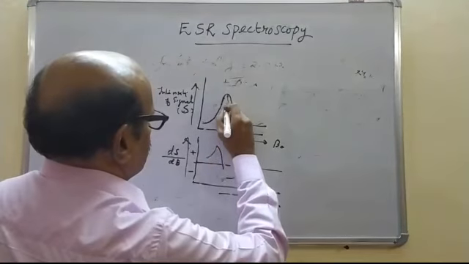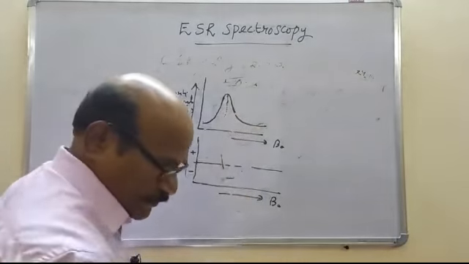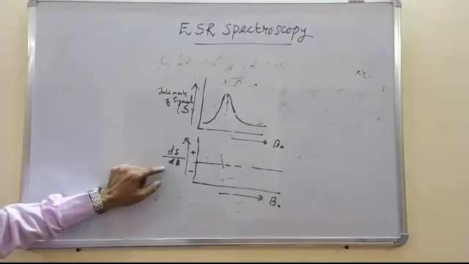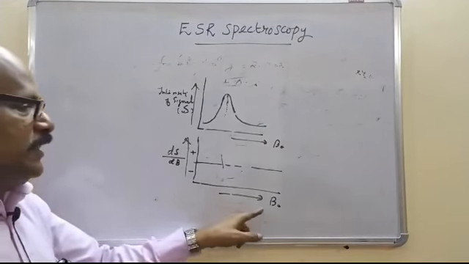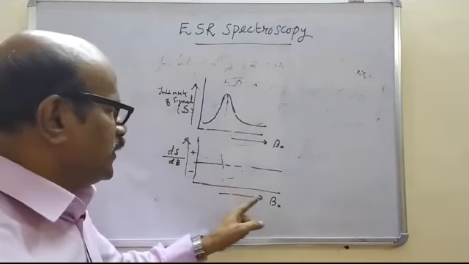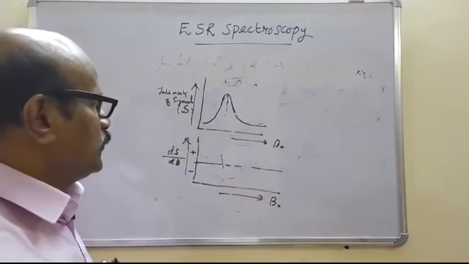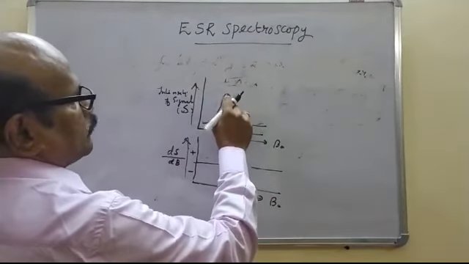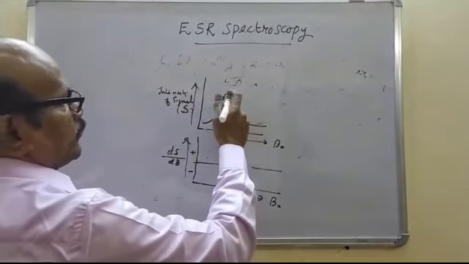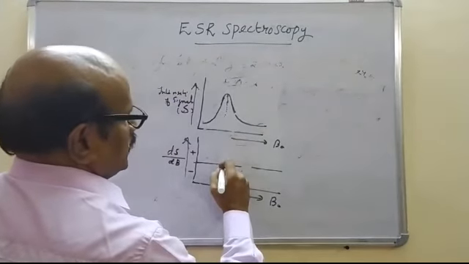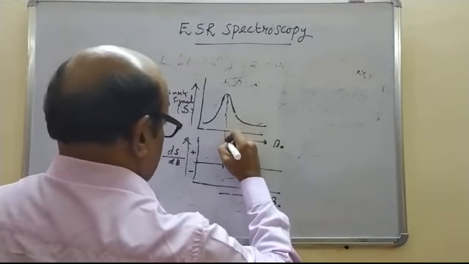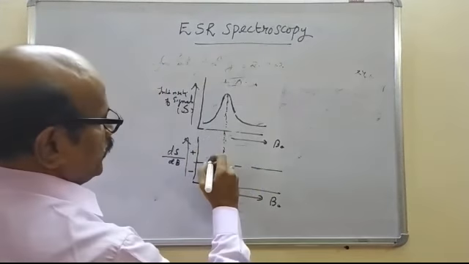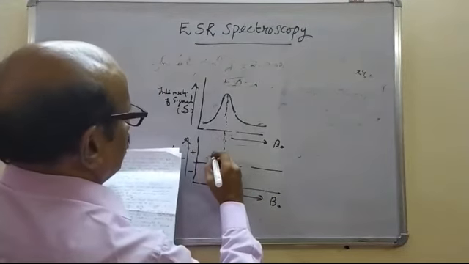In actual ESR spectroscopy, the first derivative of the signal intensity is plotted against B0, that is dS by dB is plotted against B0 rather than S versus B0, so that the peak of the absorption curve now corresponds to a point where it crosses the abscissa, from a maximum to a minimum.